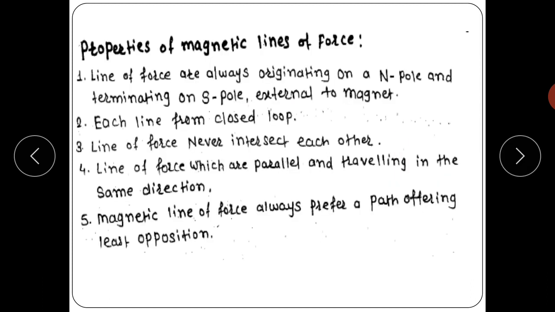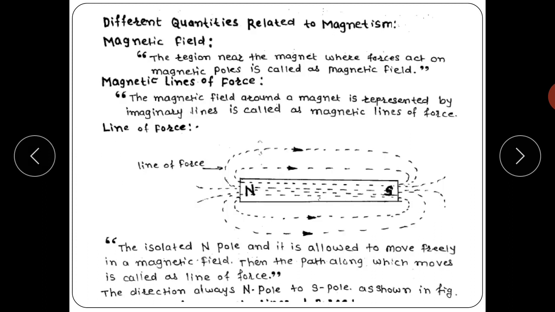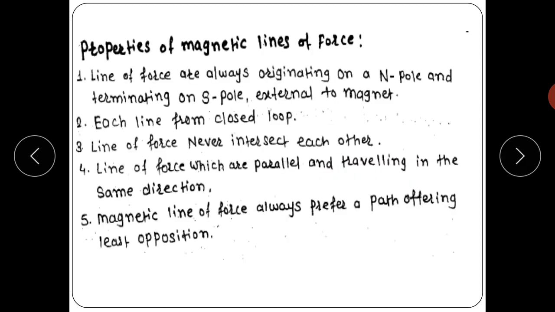Second property, each line forms a closed loop. See here, this is the north pole and south pole, and this is the closed loop. Third property, lines of force never intersect each other.